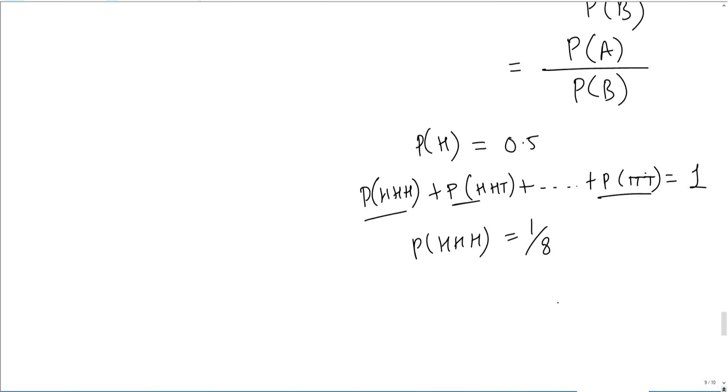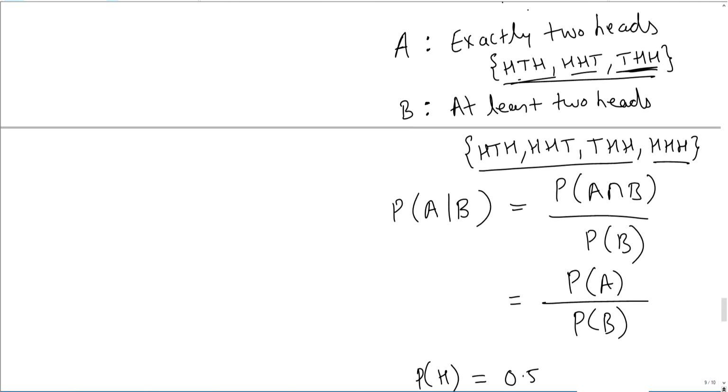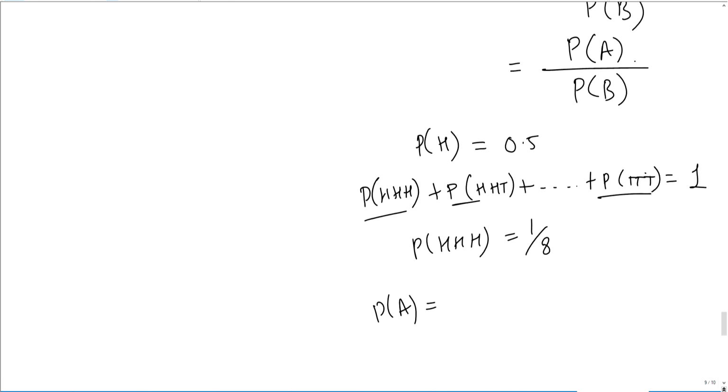Now, you can easily calculate the probability of A and the probability of B. What would be the probability of A? So, the probability of A will be the probability of HHT plus the probability of HTH plus the probability of THH.